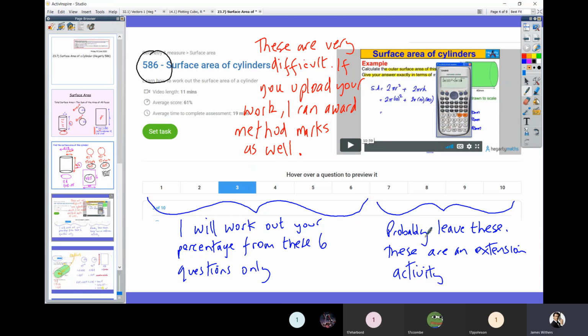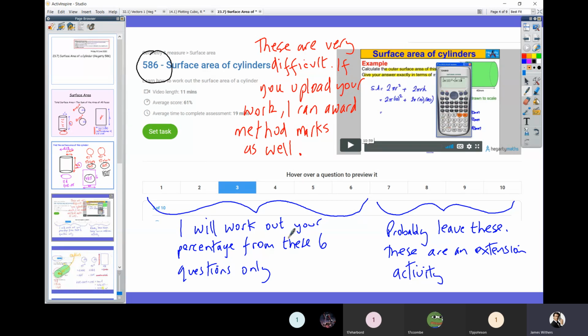But when I say probably leave these, what I really mean is if you are leaving them, can you just go and put in fake answers? Can you just put in 0, 0, 0 and 0 and keep getting them wrong? Because that's what actually finishes the Hegarty, allowing me to see the mark. But I will, of course, then go back in and adjust your mark. So if you get the first 6 right, I will give you 100%. So just leave 7, 8, 9 and 10.